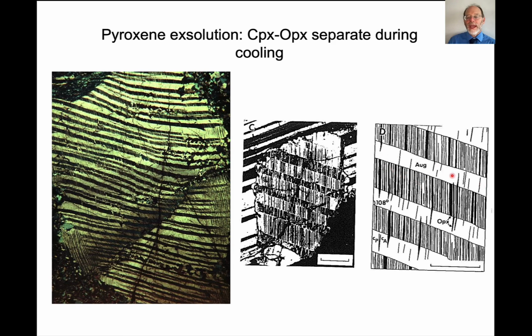These lighter bands are clinopyroxene. Okay, so they've separated out. And then even within the orthopyroxene, it's separated out little fine bands of clinopyroxene along with these darker, thicker bands of orthopyroxene. So there can be multiple stages of pyroxene separation as a rock cools.